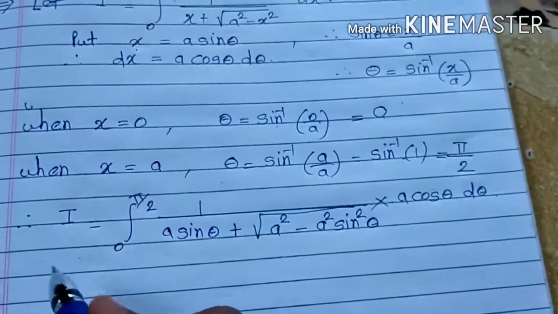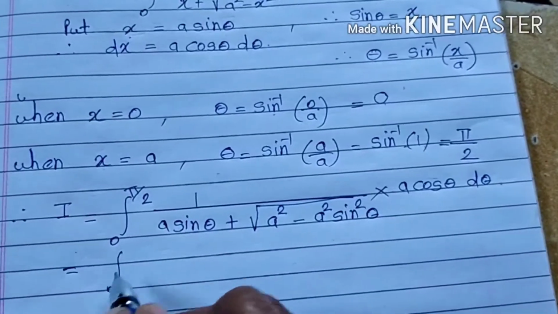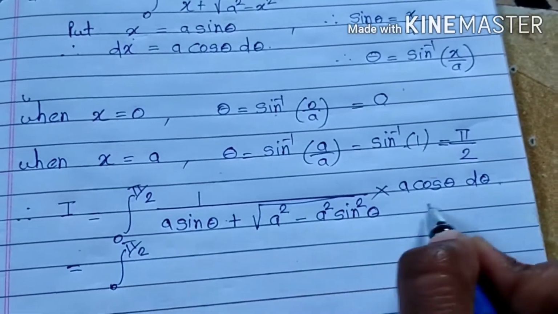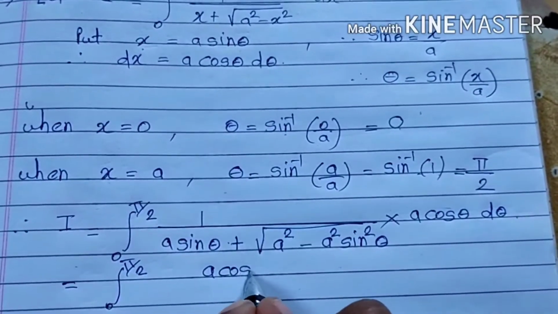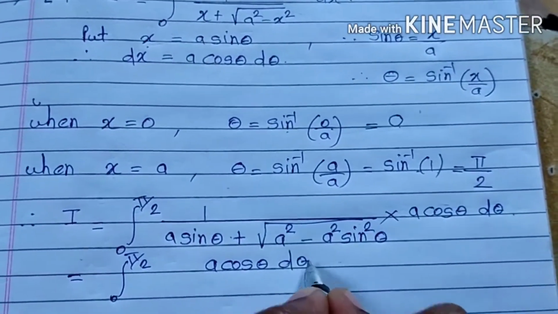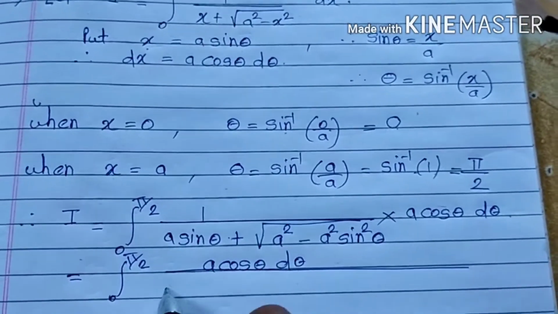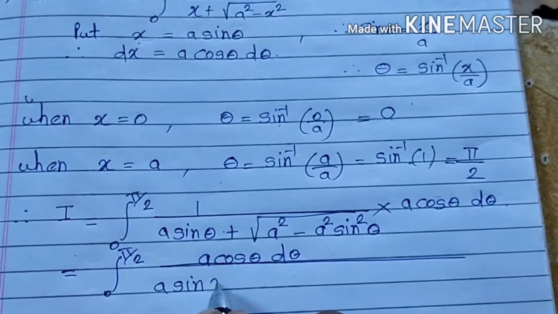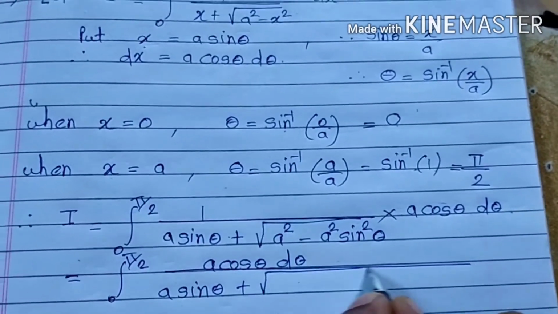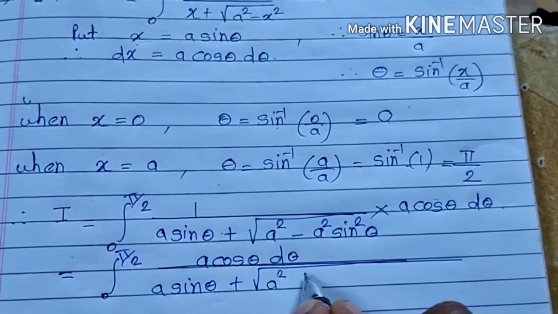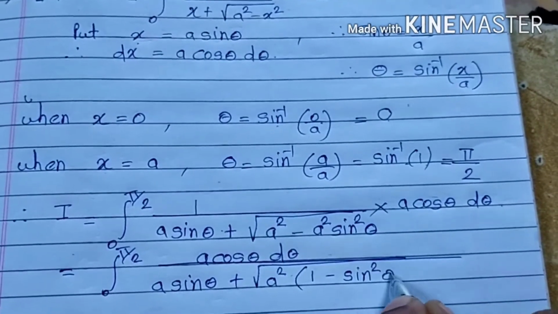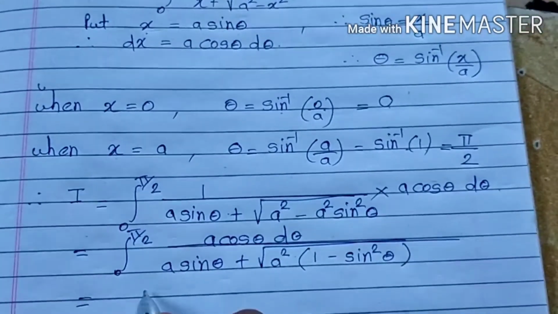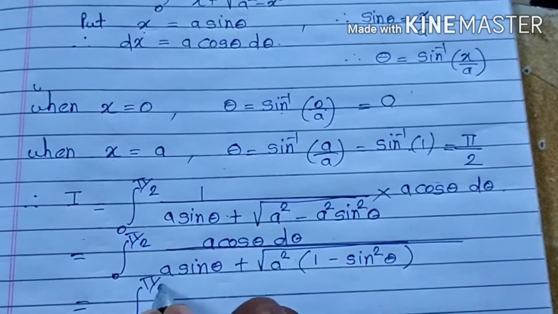Now next, from 0 to pi by 2, a cos theta d theta upon a sin theta plus under root of a square common, so here 1 minus sin square theta.